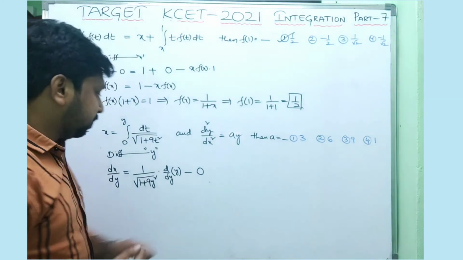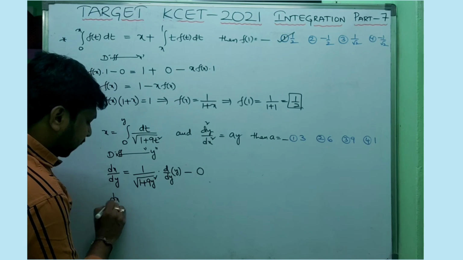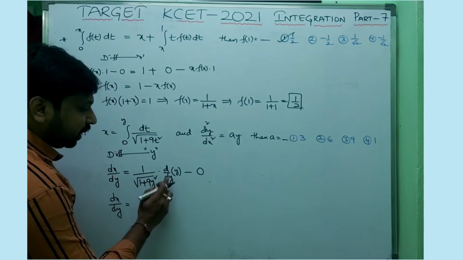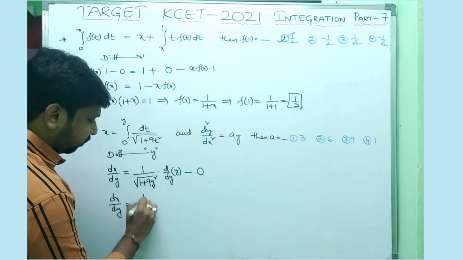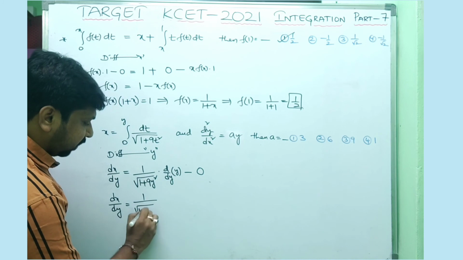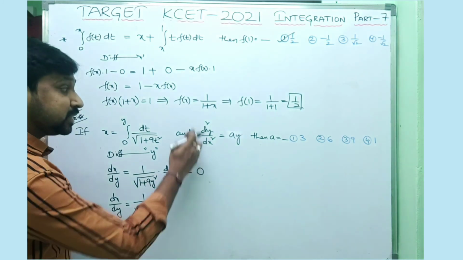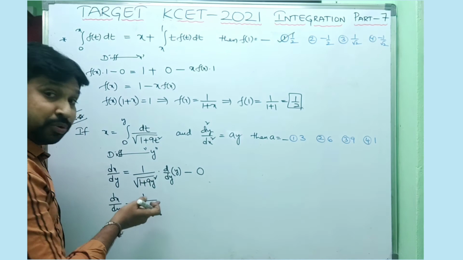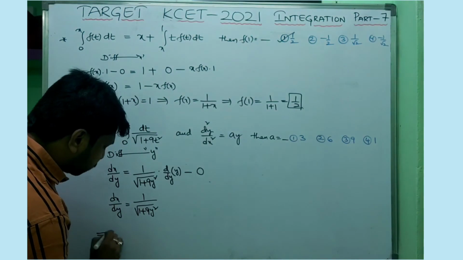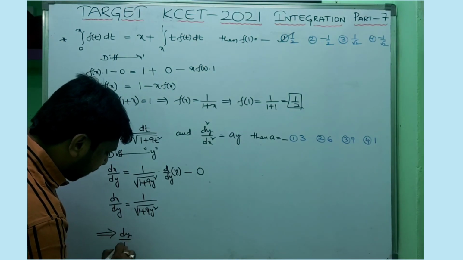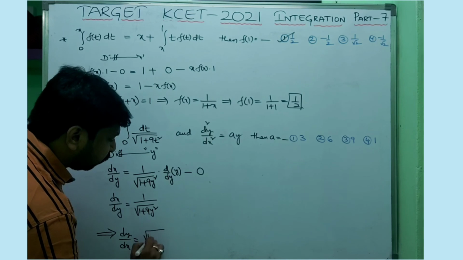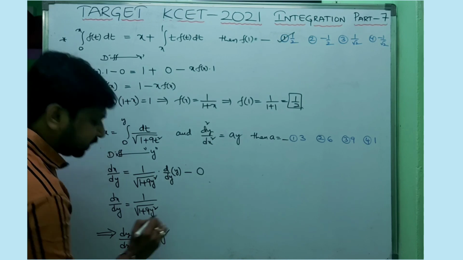No need to simplify. So dx by dy is nothing but 1 by root over 1 plus 9y square. But you need d square y by dx square, which means first you need dy by dx. So dy by dx can be written as root over 1 plus 9y square.